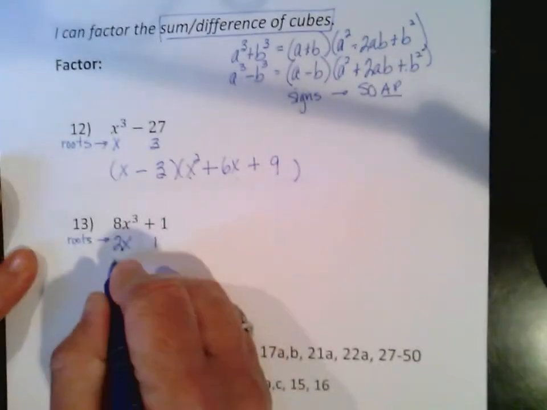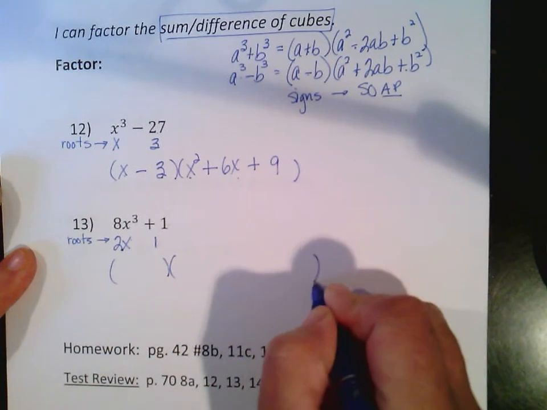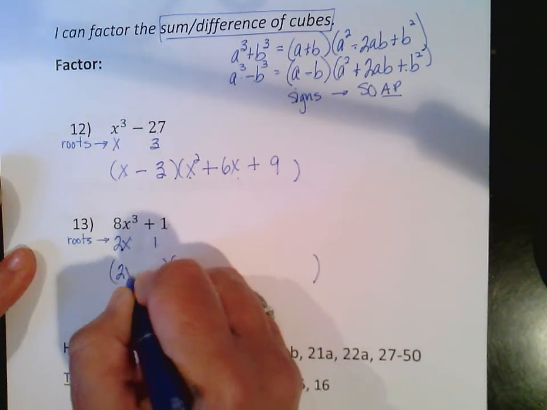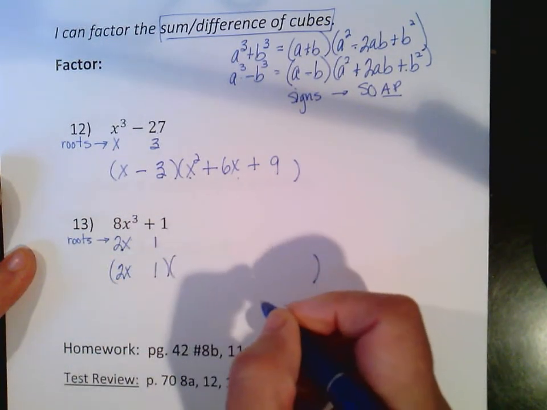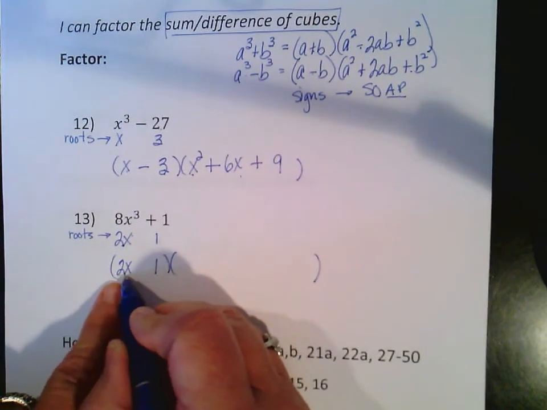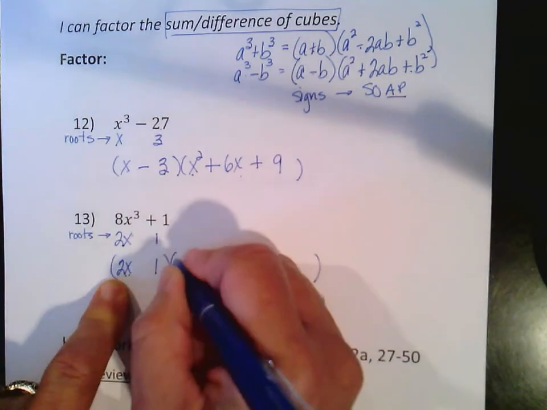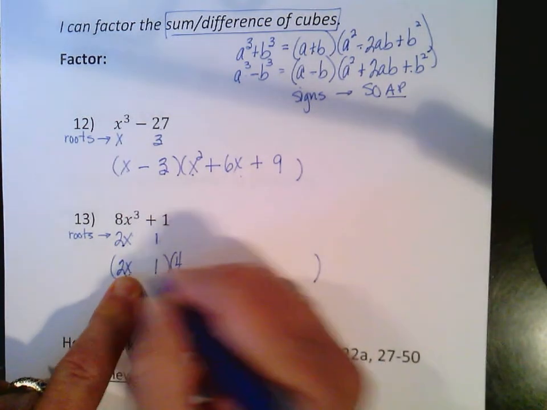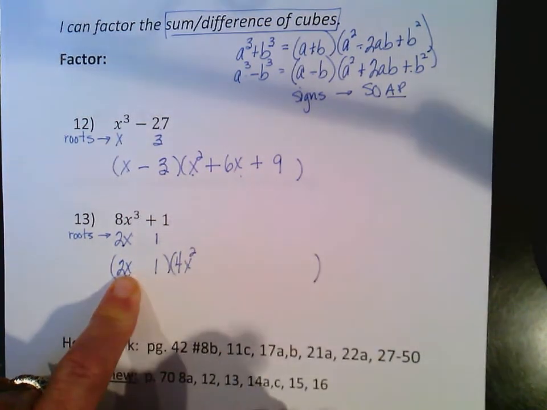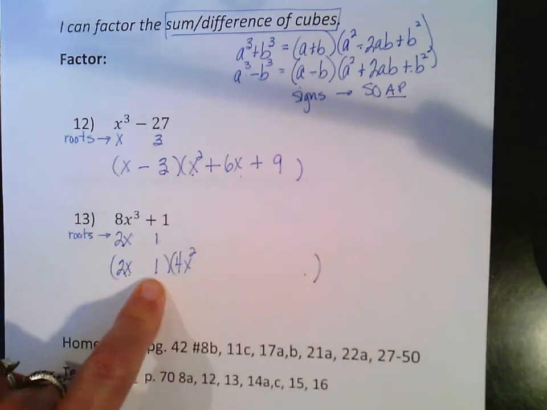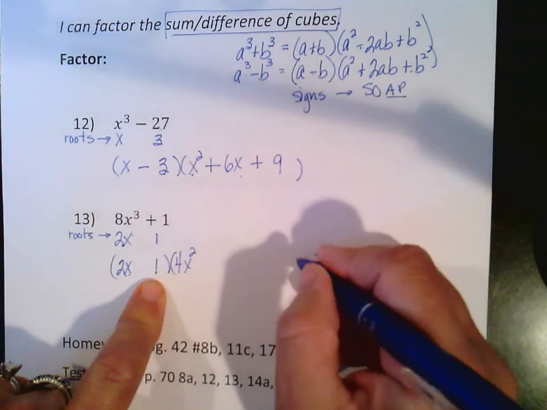Okay, so you're going to have a binomial and a trinomial. The roots go in the binomial. For the trinomial, your first term, you're going to square it. Now make sure you square the coefficient and the variable. 2 squared is 4. X times x is x squared. For the last one, you're going to square your second term. 1 times 1 is 1.